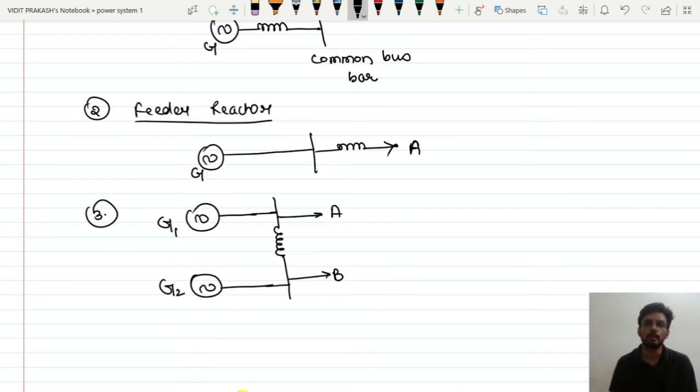And this bus bar reactor is of the ring system.